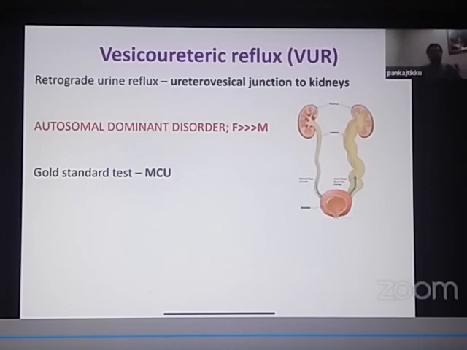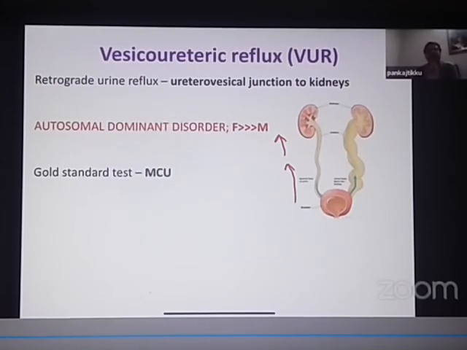Whenever there is a retrograde reflux of urine from the bladder up into the kidneys, this is known as a vesicoureteric reflux. It is not going down, it is going up. And again, it will allow the infection to enter into the kidneys, causing damage to the kidneys.